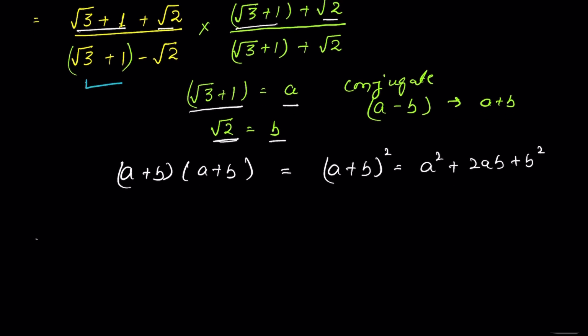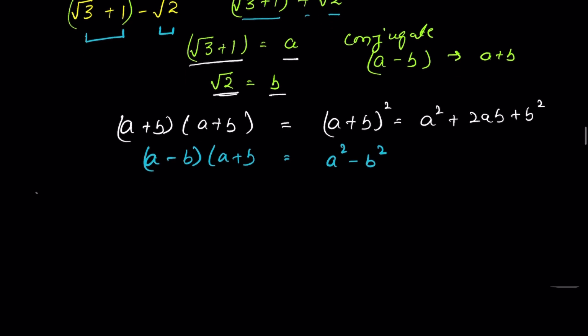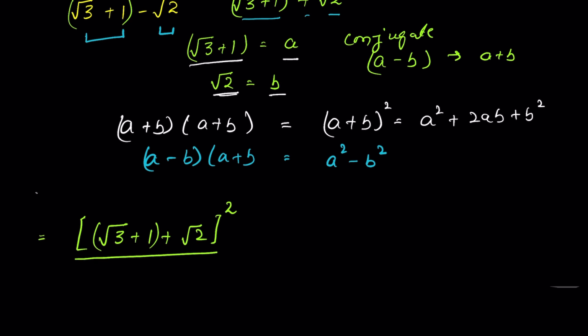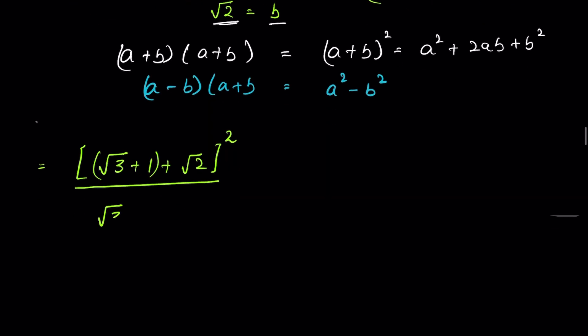In the denominator we have a minus b times a plus b, and this is in the form of difference of squares, so we can write it as a square minus b square. So now let's write it as square root of 3 plus 1 plus square root of 2 whole square upon square root of 3 plus 1 square, which is a square, then minus b square, so square root of 2 square.